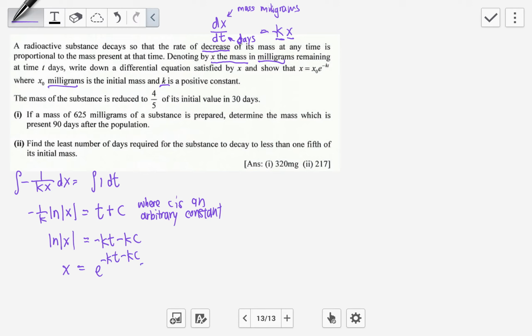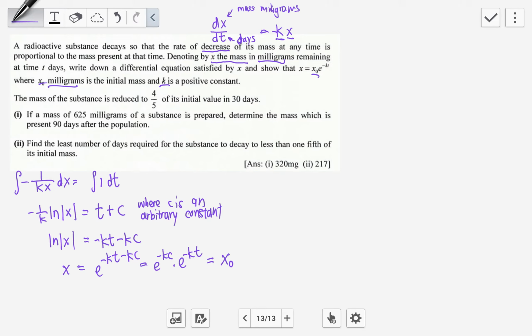Using the exponential rule, this is e to the minus kc multiplied by e to the minus kt, and since k is a constant and c is a constant, e to the power of a constant is a constant.